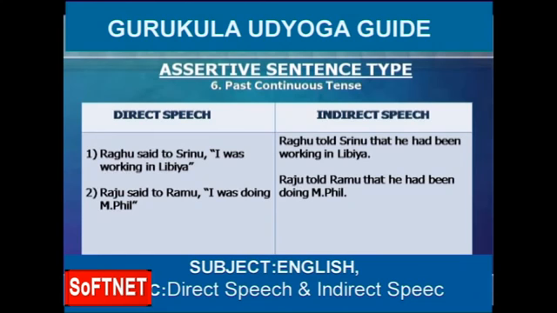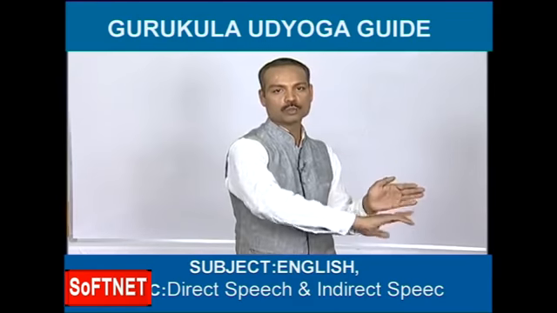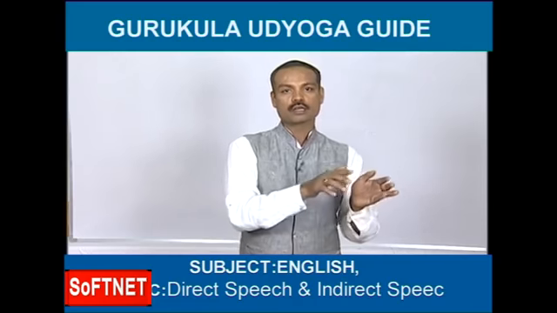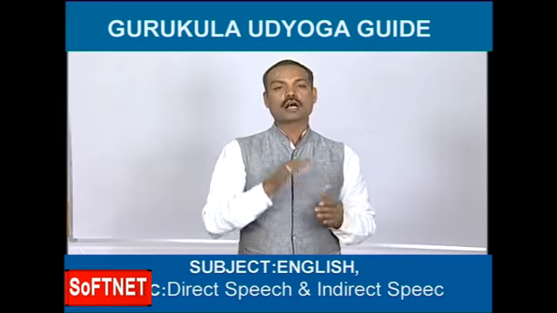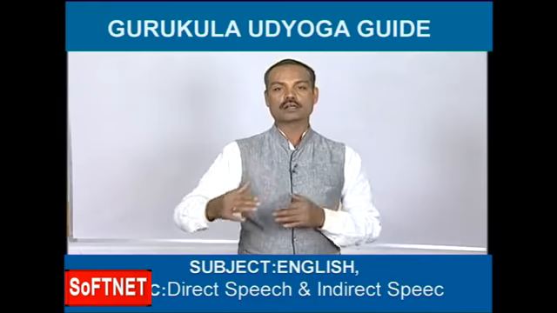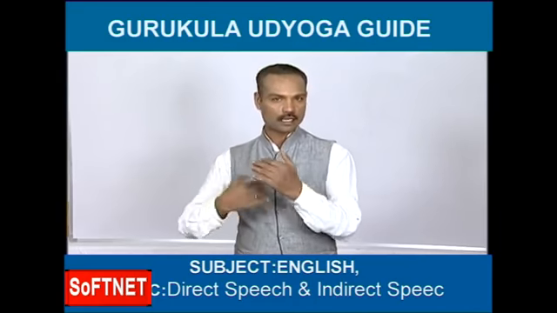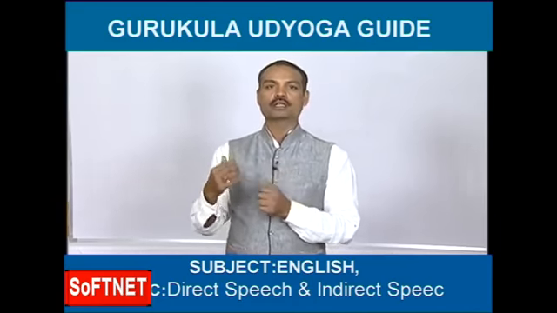Raju said to Ramu, I was doing MPhil. Raju and Ramu, two persons, are talking here. You heard this matter and now you are going to tell me the answer.